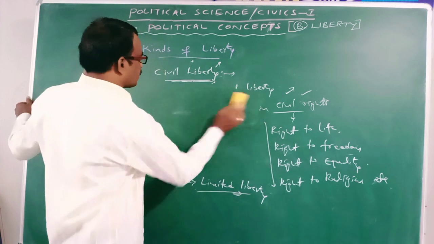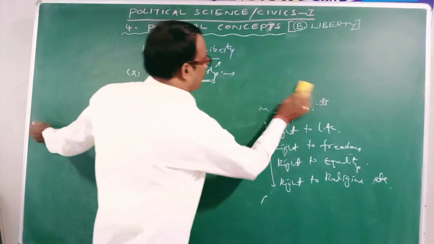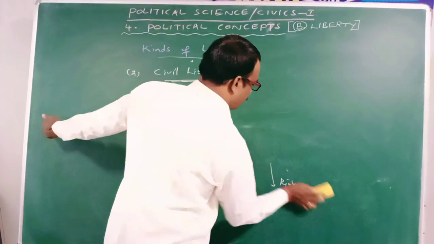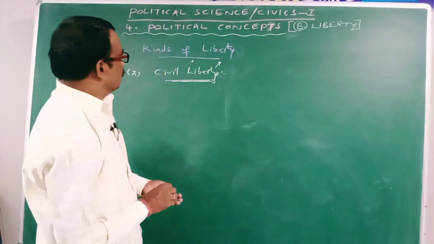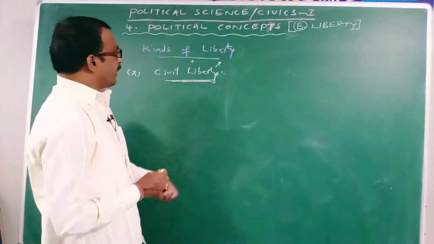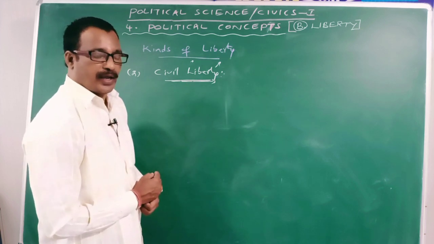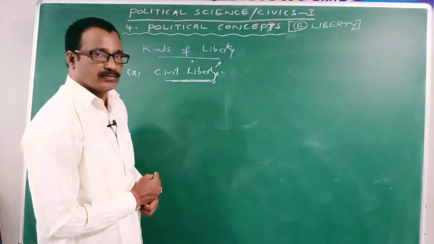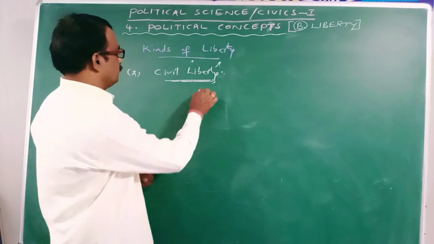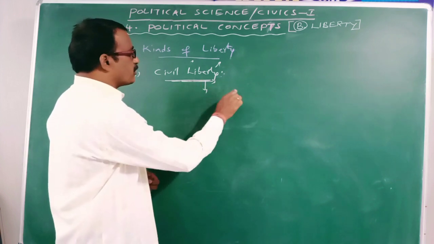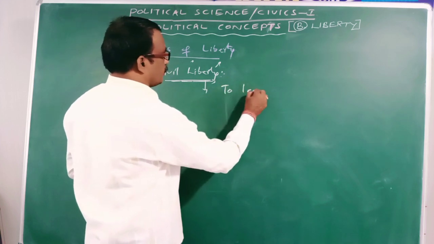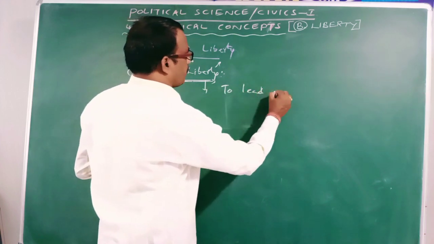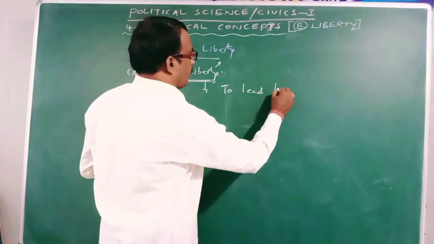Then what is the main advantage of civil liberty? One of the important advantages of civil liberty is it enables the individuals to lead a happy, honorable and civilized life in the society. Clear? It enables the individuals to lead what type of life?